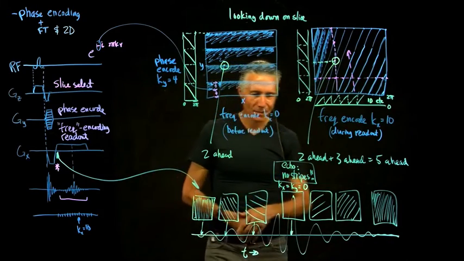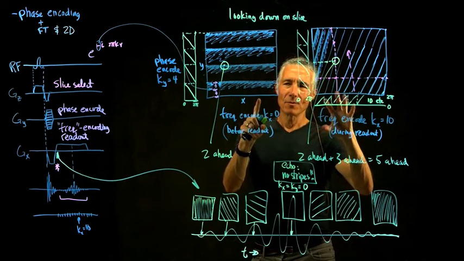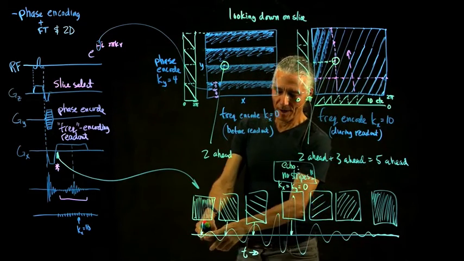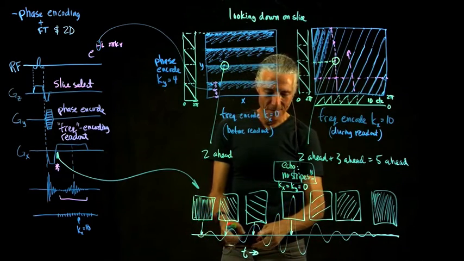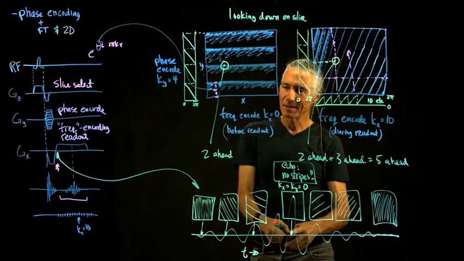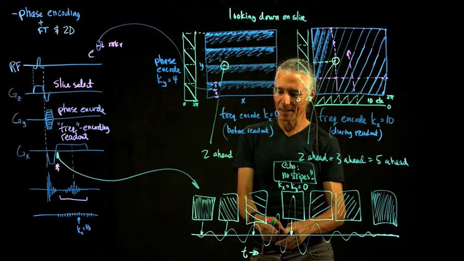So we finally brought together the echo with the Fourier thing. So the echo is a whole sequence of different spatial frequencies, different combinations of spatial frequencies.